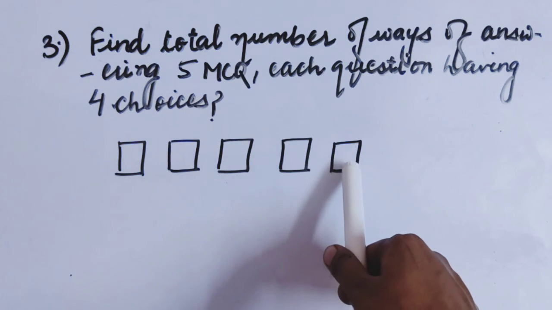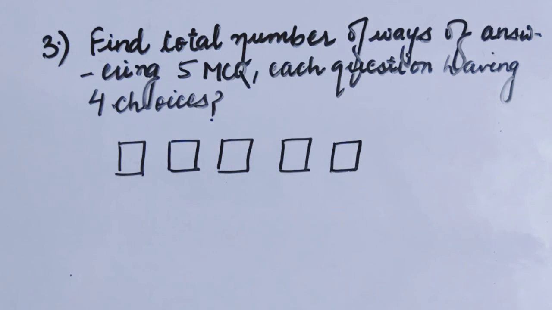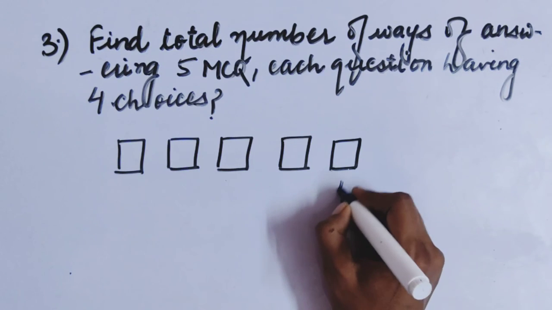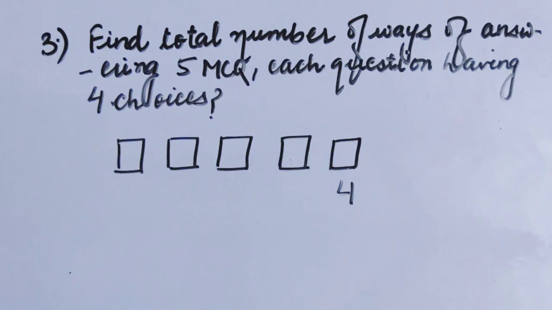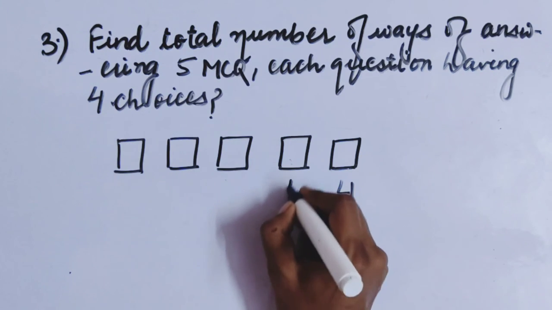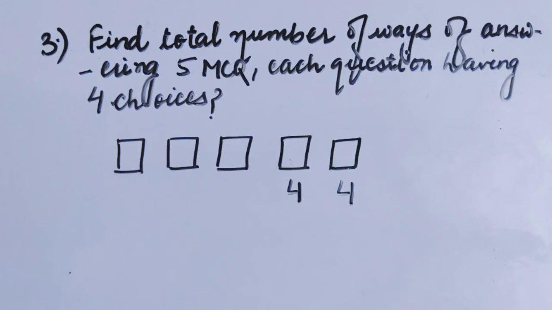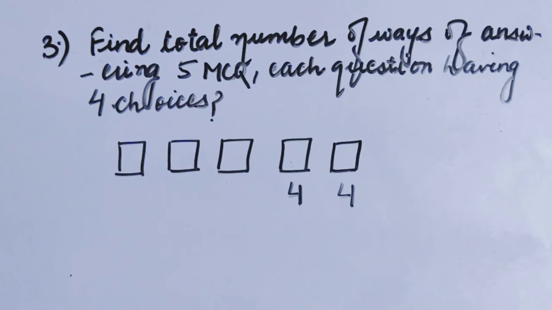Suppose one student is answering this question. He has 4 options, so he can give the answer in 4 ways. Either he can tick mark one option or he can tick mark the second option. So for this question he has 4 options. For exactly the same question number 2, he has 4 options. In the same manner for question number 3, he can answer in 4 ways.